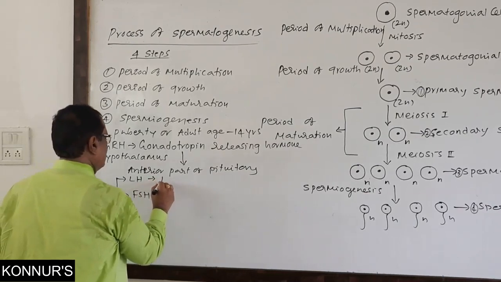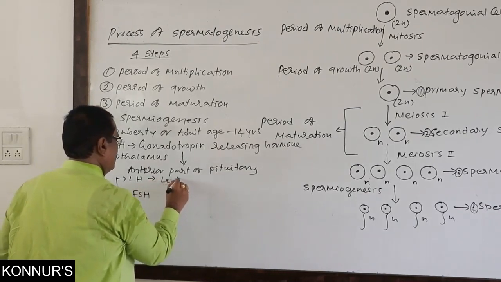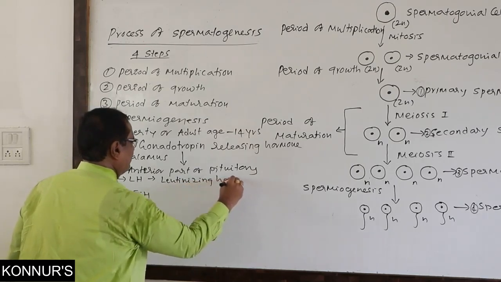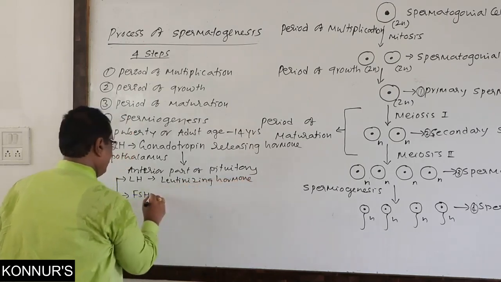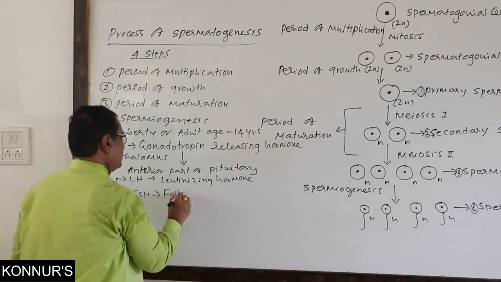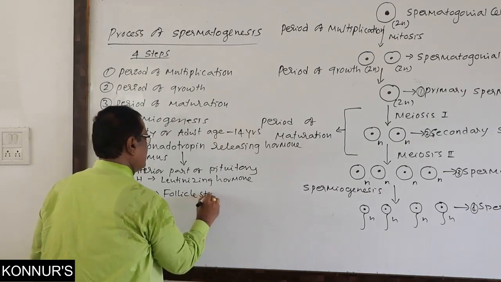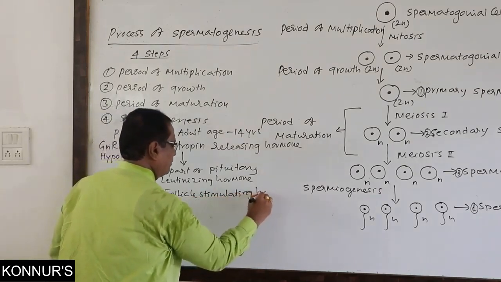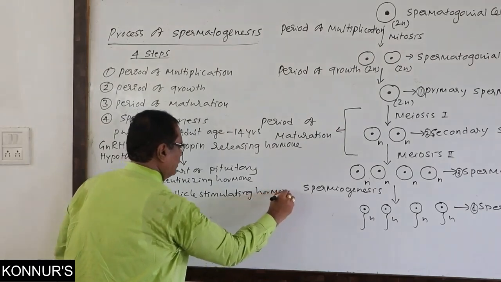LH is luteinizing hormone and FSH is follicle stimulating hormone.